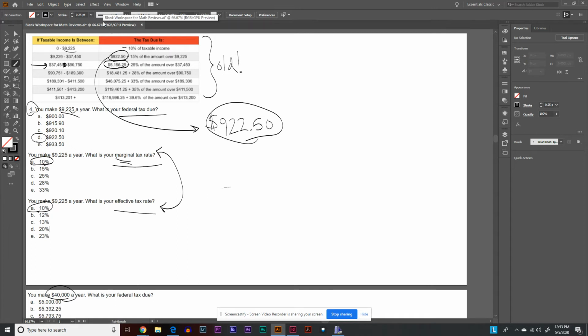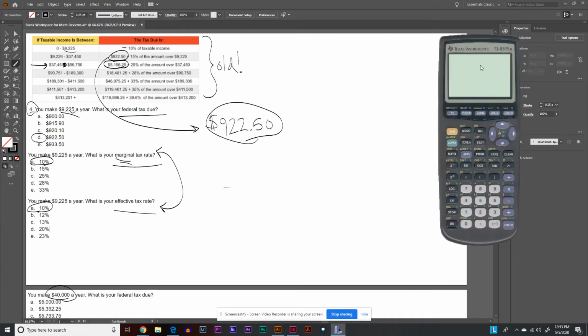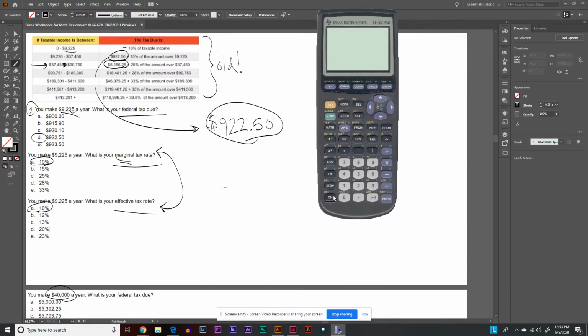Let's just do a quick test on that, and I'll show you with a calculator what that looks like. So our second bracket went all the way up to $37,450, right? So $37,450 minus the first $9,225 that we paid means that we have $28,225 that are being charged 15%.